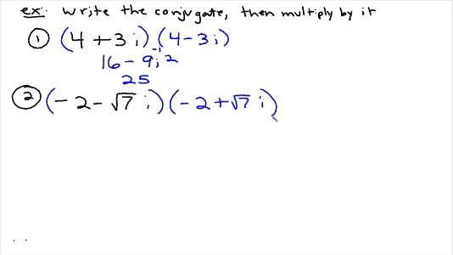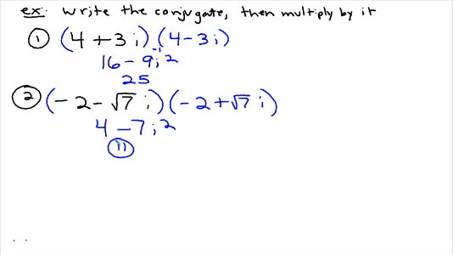And then we just use our difference of two squares shortcut. Negative 2 times negative 2 is 4. Minus square root of 7 times square root of 7 is 7, i squared. i squared is negative 1, so the answer here is 11.